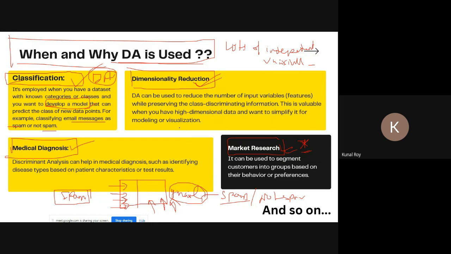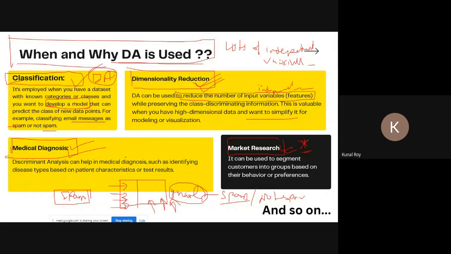So we can say that a model can be created for dimensionality reduction, to reduce the number of input variables. Here the input variables are acting like independent variables. So we can reduce these independent variables by creating a model and try to solve the problem regarding the discriminant analysis with less time.